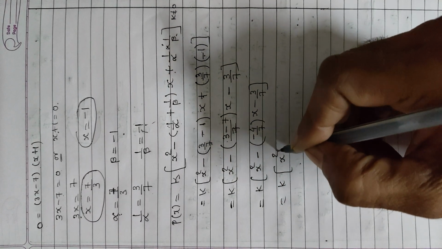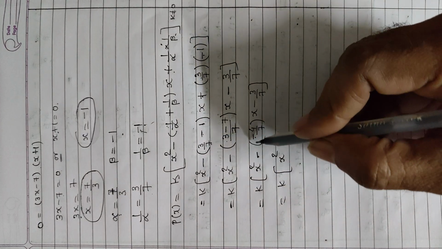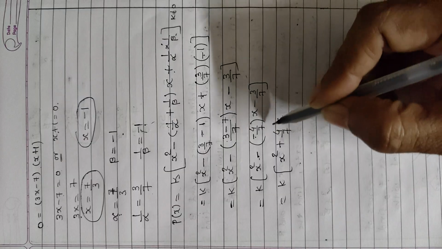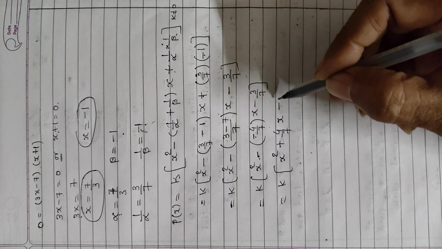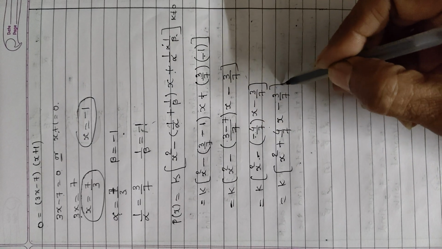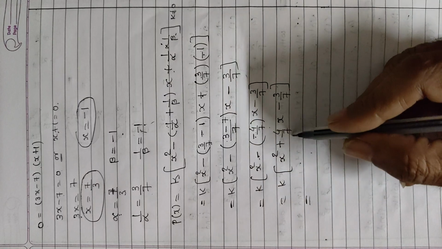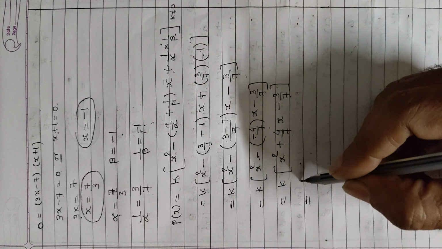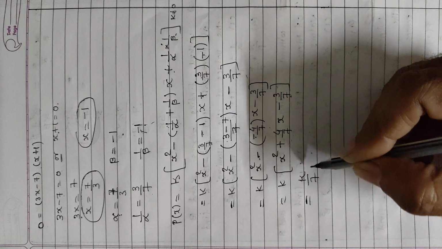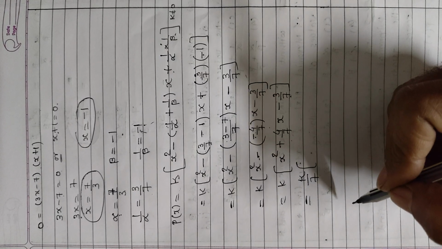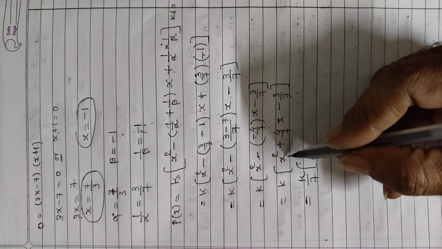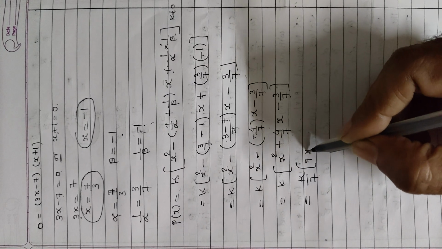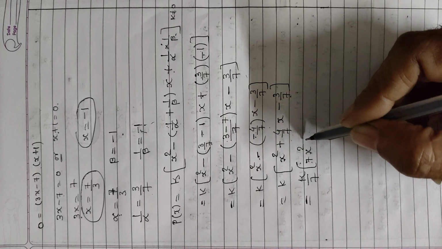k x square, minus minus becomes plus, so plus 4 by 7 x minus 3 by 7. Here 7 is your LCM, and the LCM will be taken outside the bracket. So k by 7. Here nothing is given, that means you have to multiply 7 with x square.